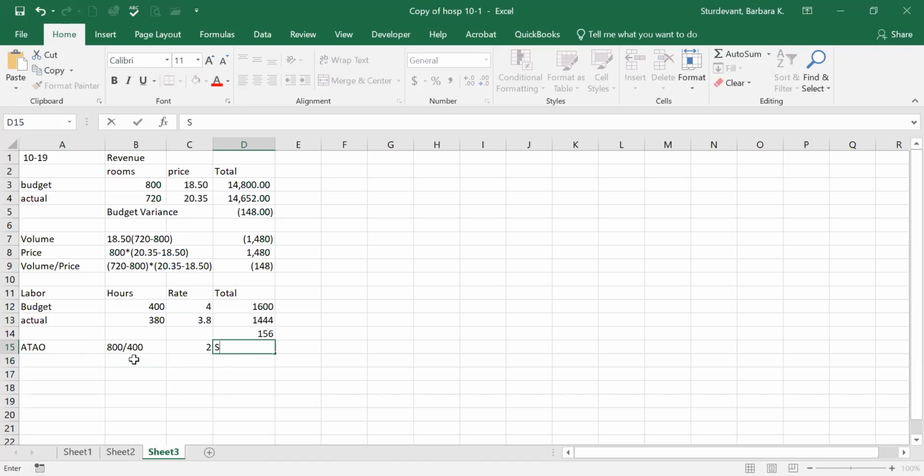So that's the standard. And our ATAO is going to be the 720 rooms that we sold divided by the standard. How many hours should we have spent?